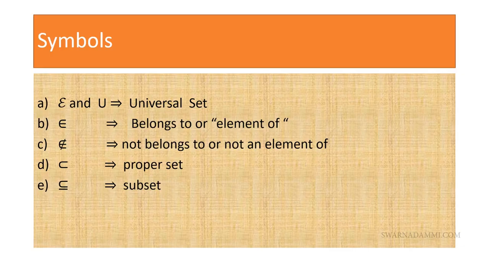In this slide, you can see 5 symbols that we are used to describe sets. First one, sigma or U, that describes universal set. Second one, used to describe the element, that is epsilon.